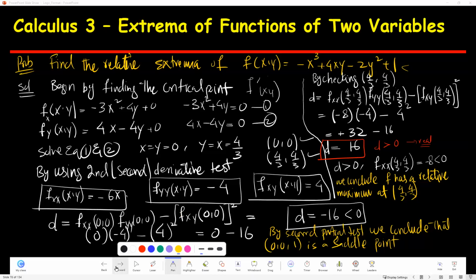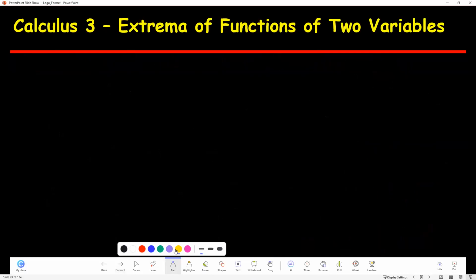Let me take another example. Whenever I say extrema, I cover, or should be looking at, both minimum and maximum values.